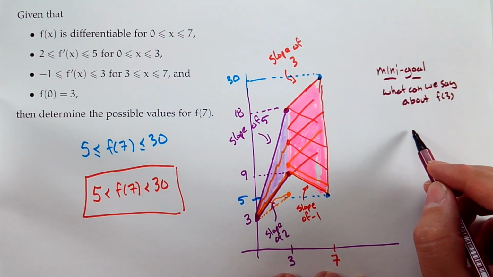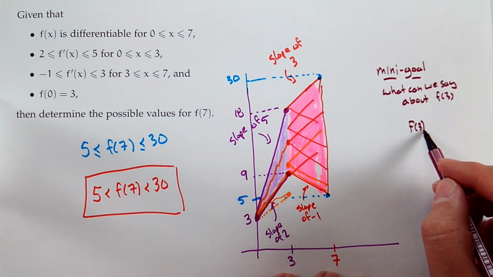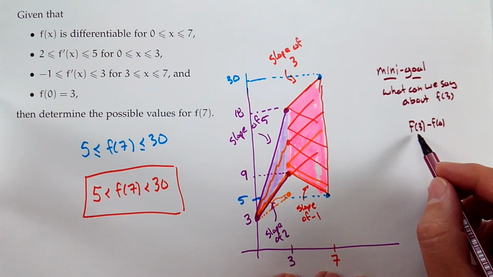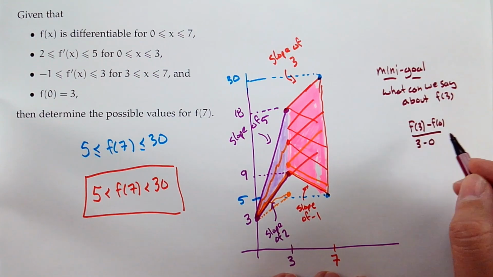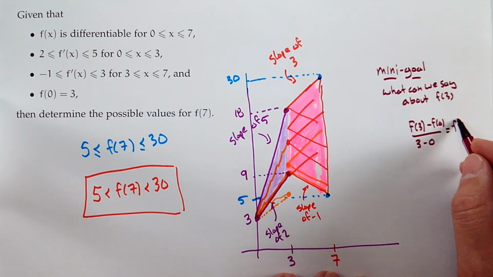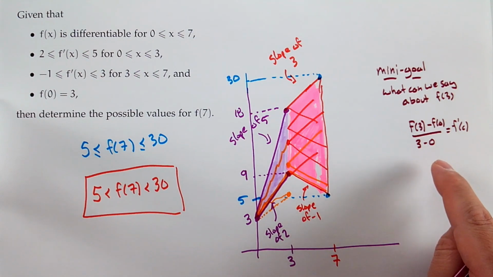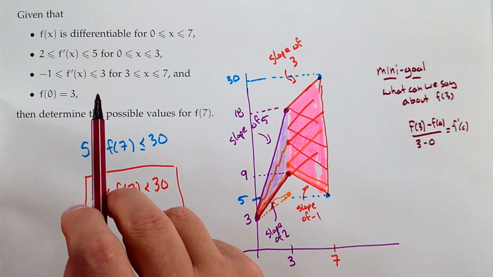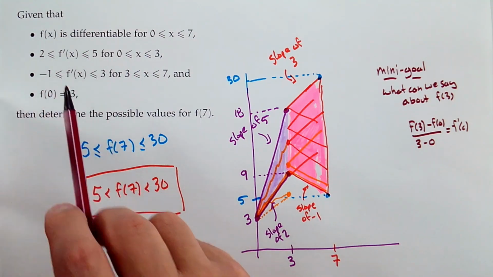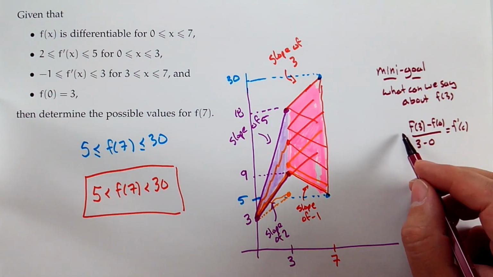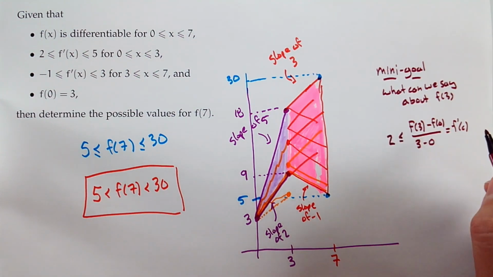So we know that this value, f of 3 minus f of 0 over 3 minus 0, has to equal f prime of c, where c is some constant between 0 and 3. But what do we know about our derivative between 0 and 3? It's between 2 and 5.